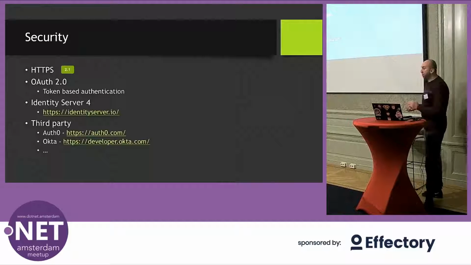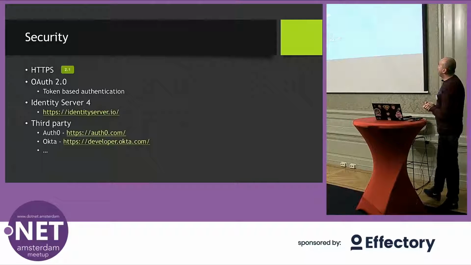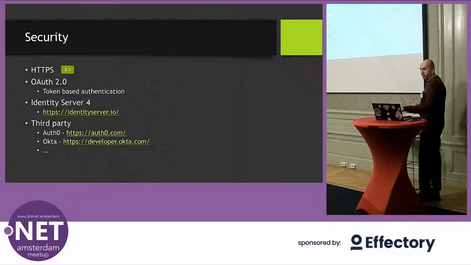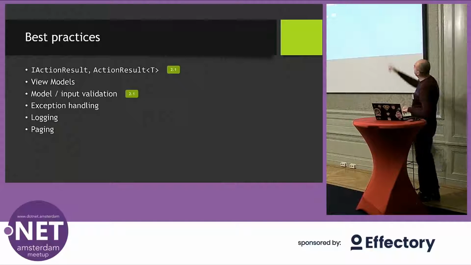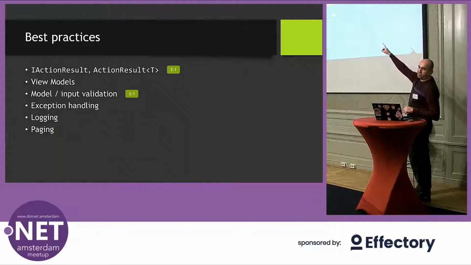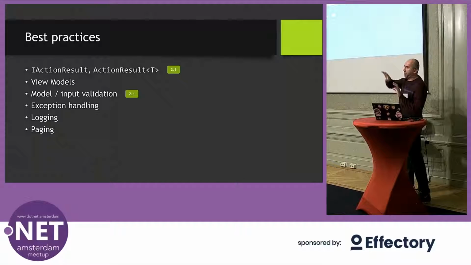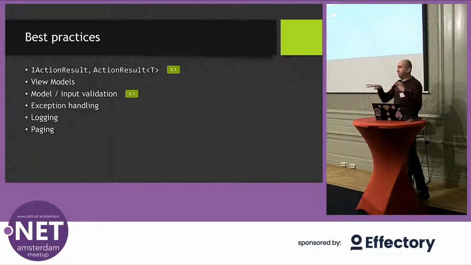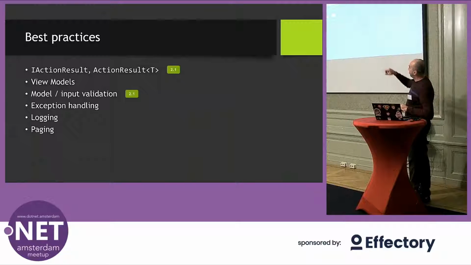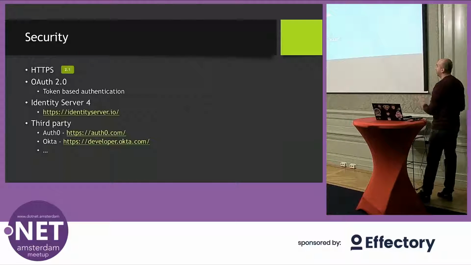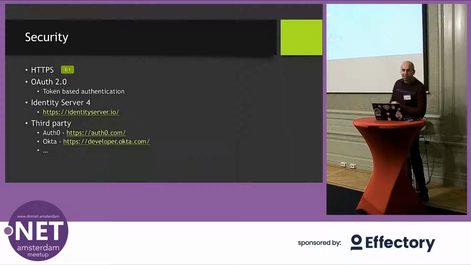Second thing is security. So, like I said before, HTTPS. I mentioned this. This 2.1 label means those things are introduced in ASP.NET Core 2.1. I'm using ASP.NET Core 2.0 as a baseline, and new things are marked with this label. So HTTPS by default in 2.1.